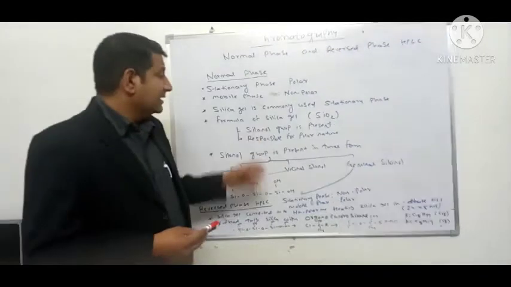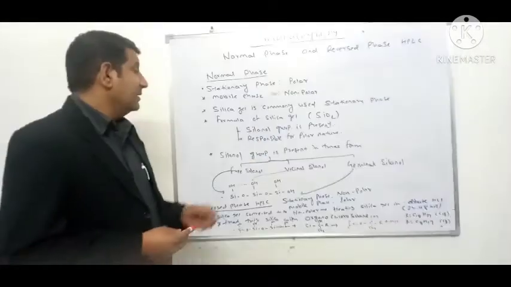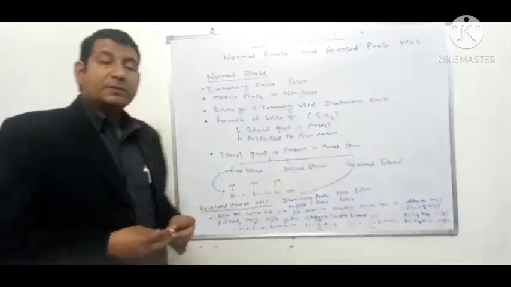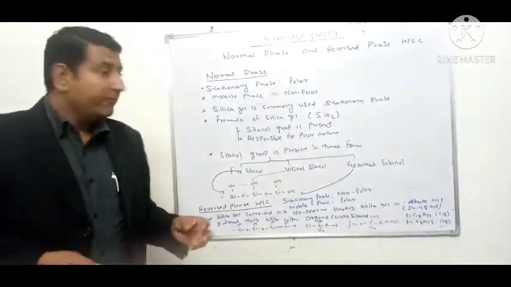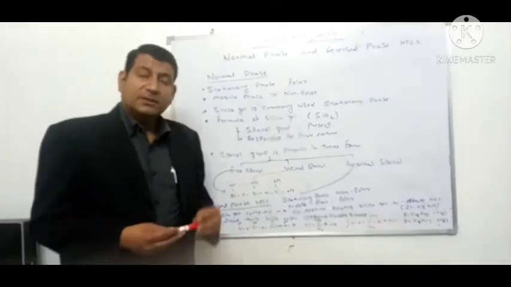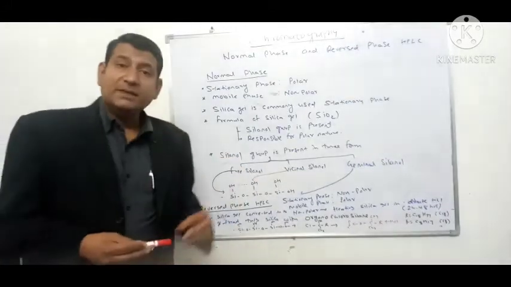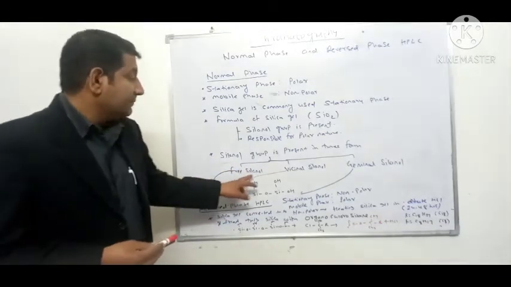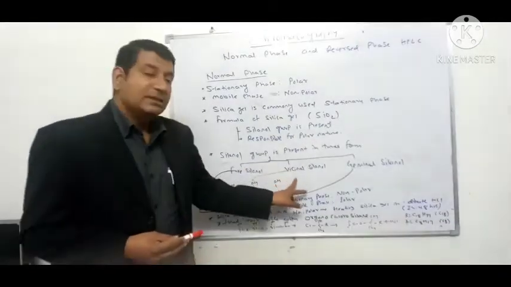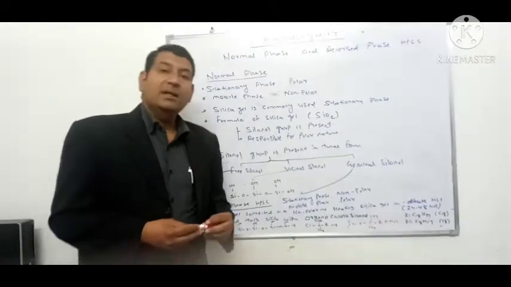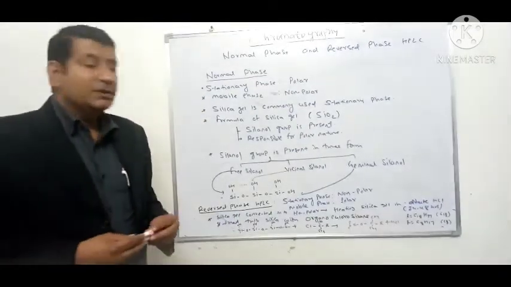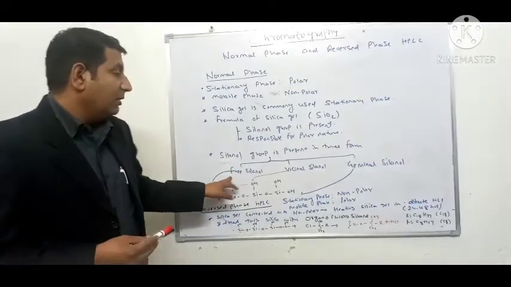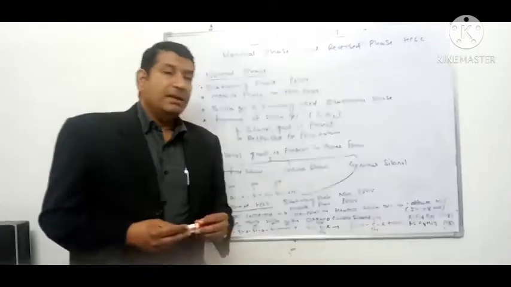The silanol group is present in silica gel, and the silanol group is responsible for its polar or hydrophilic nature. This silanol group is present in basically three forms: number one is free silanol, number two is vicinal silanol, and number three is geminal silanol.